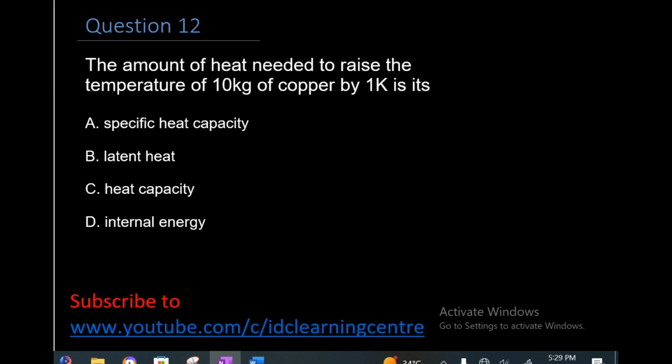The latent heat here talks about the conversion from one state to the other, solid to liquid, liquid to gas, etc. So the correct answer, as I said here, is option C. So let's move to the next question.